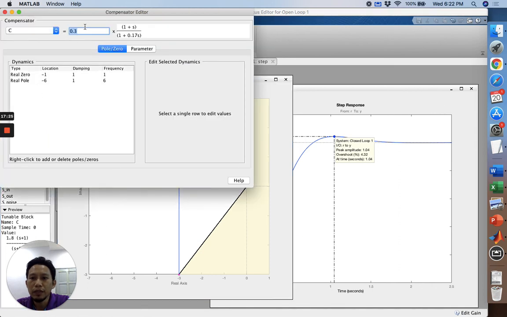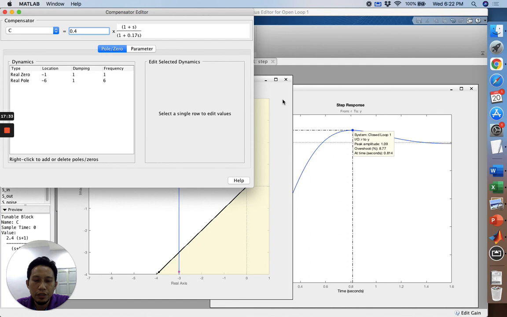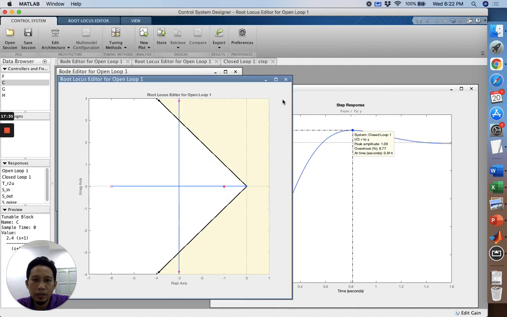So for this one, let's say we increase to 0.4, for example, and what we get here is 8.77 percent overshoot. So maybe I try to increase a little bit.